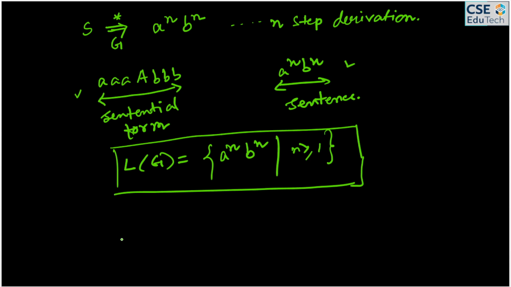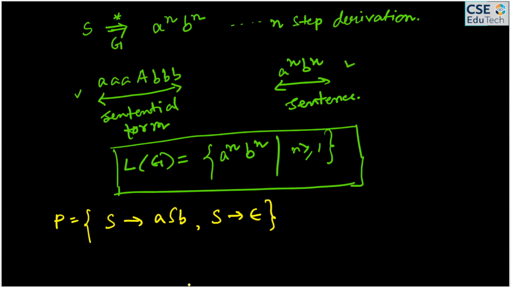Now, what happens if the production rules are slightly changed? For example, suppose the production rule is given like that. If we change P, suppose P is defined as S to aSb, comma, S to small epsilon.